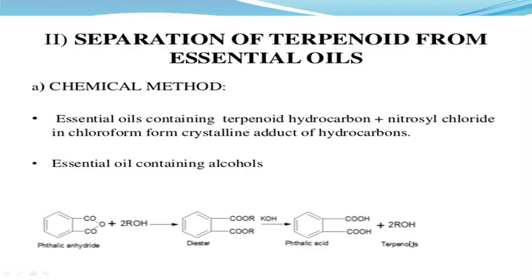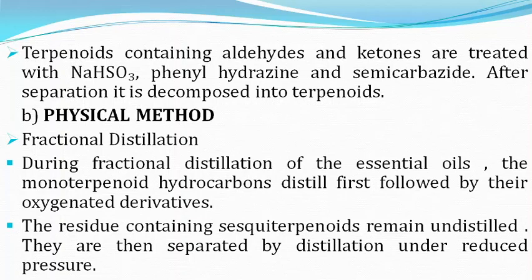In this method, the primary alcohols react readily, the secondary less readily, and the tertiary does not react at all. Terpenoids containing aldehydes and ketones are treated with carbonyl reagents like sodium bisulfite, phenylhydrazine, 2,4-dinitrophenylhydrazine, and semicarbazide. After the separation, it is decomposed into terpenoids.